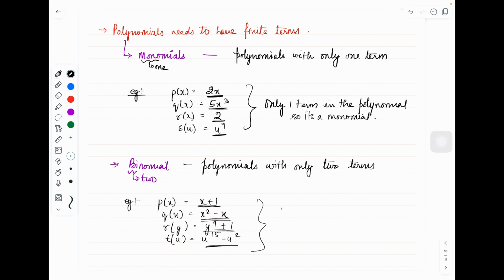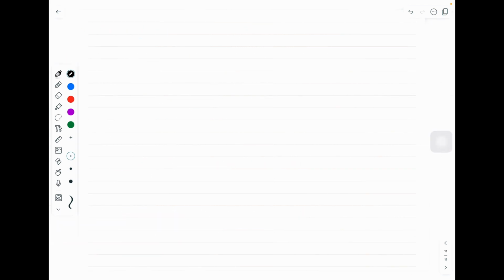Only two terms in the polynomial, so it is called a binomial. Only two terms, not more than two. Third is a trinomial.